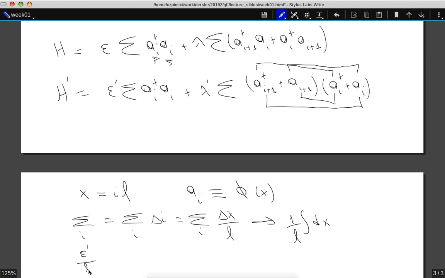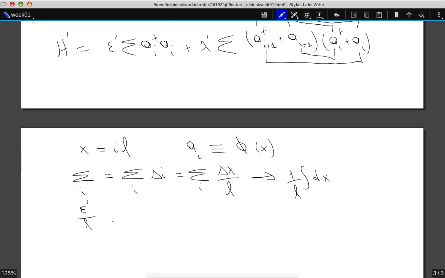I will keep this density constant as I take the limit L goes to 0. Let me just call it epsilon tilde, a finite constant. So as L goes to 0, I'm also taking the limit epsilon prime goes to 0, such that epsilon prime over L goes to a finite number. It will be the energy density. That's something I want finite. Let's see what we will do with lambda in a moment.